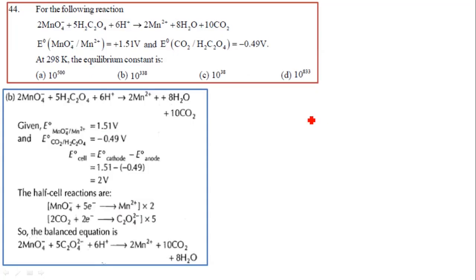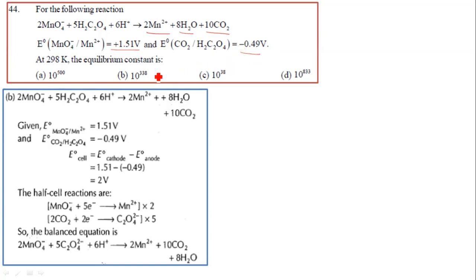Next question. For the following reaction, MnO4 minus and oxalic acid with 6H plus gives Mn2 plus, H2O and 10 carbon dioxide. The EMF of this cell is given as plus 1.51 and the EMF of the carbon dioxide half cell is given as minus 0.49 volt.